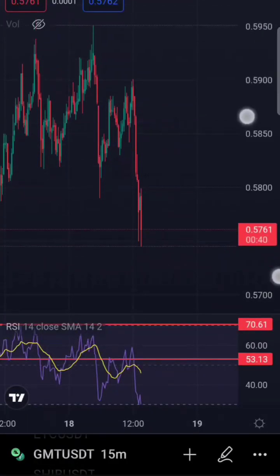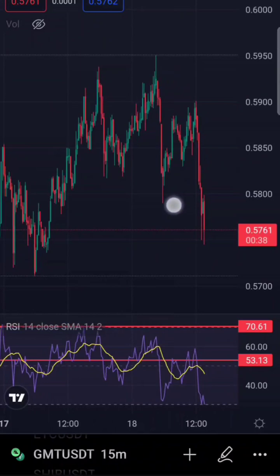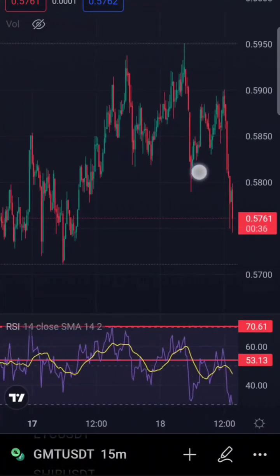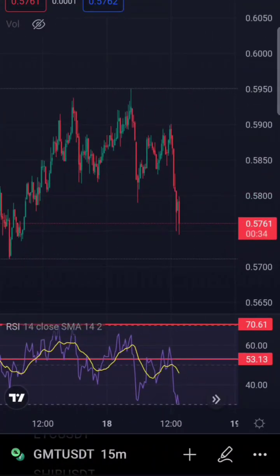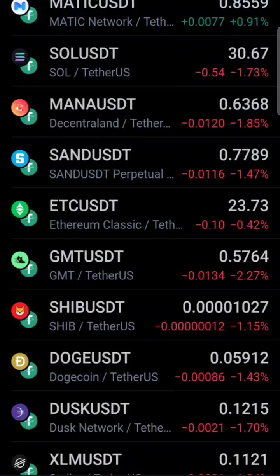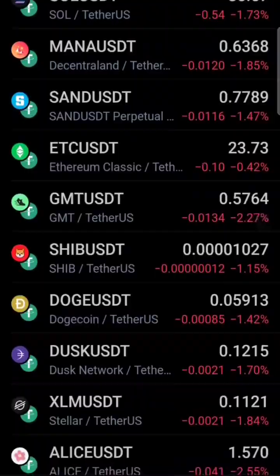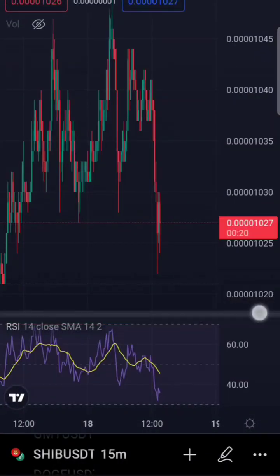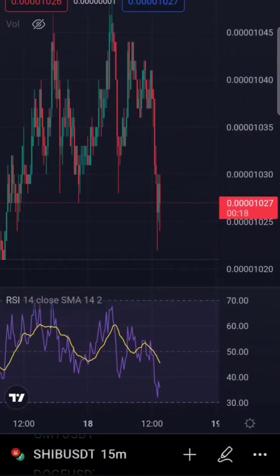GMT had a nice move to 0.6059, and now GMT is dumping. We see most coins did the same thing as well. We saw there is a move on Shiba after dumping to 4.09, and today we can see this 4.10. So it's a nice move.